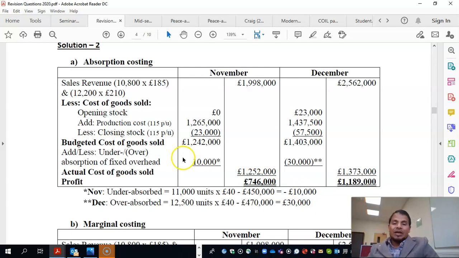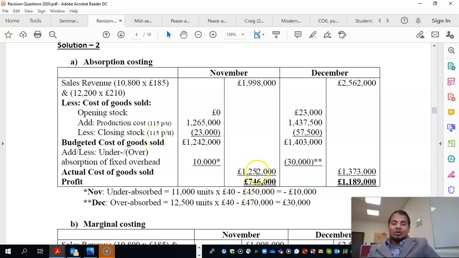Okay, so we have to add this under absorbed cost here. Okay, so 1,242,000 plus 10,000, that is 1,252,000 is our actual cost of goods sold. Okay, according to budget, this is cost of goods sold, but actually our cost of goods sold is this, because we did not include this 10,000 in our cost of production, and that's why we have to add this.